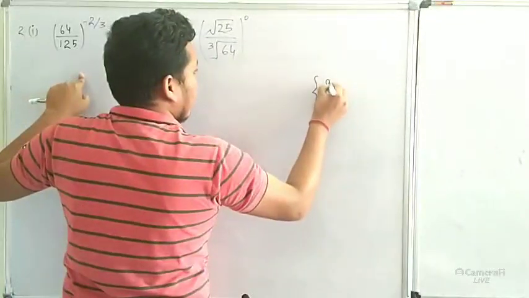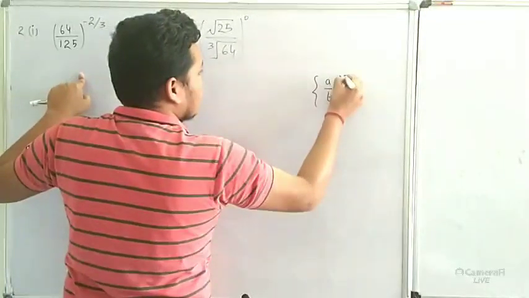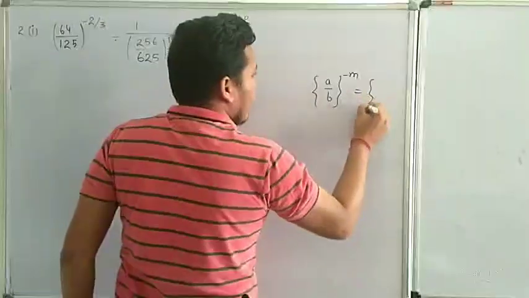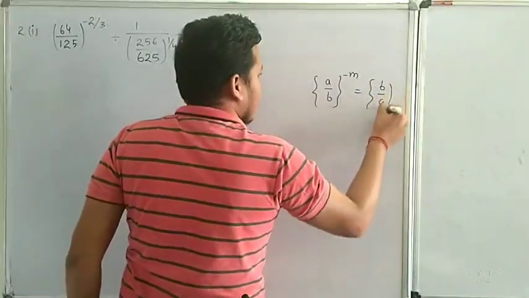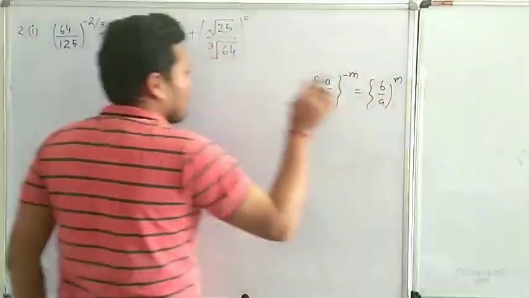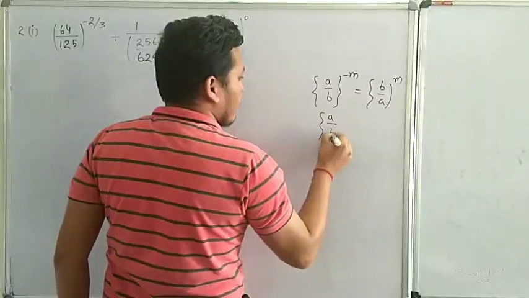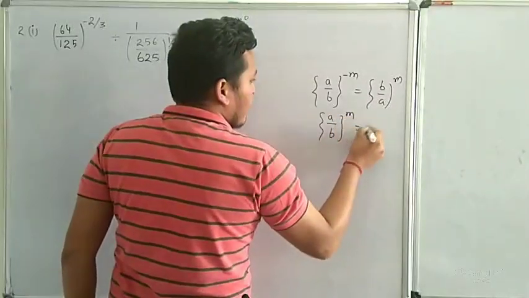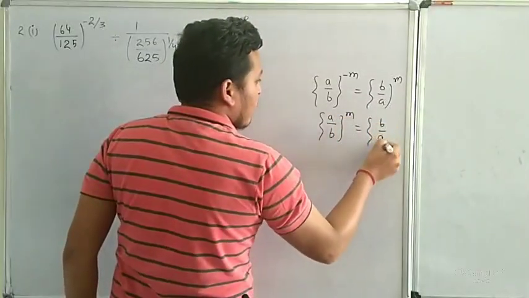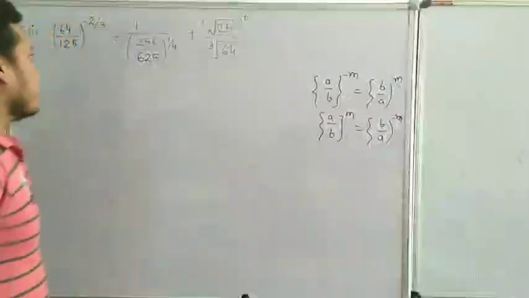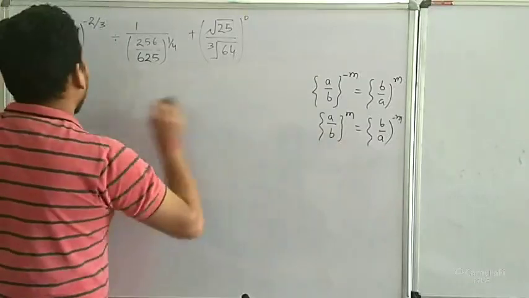You know that if a upon b has power minus 1, then we can write the reciprocal of the fraction, and the power will be the same but the sign will be reversed. In another form, if a upon b has power m, we can write b upon a with power minus m. With this formula we can solve it.